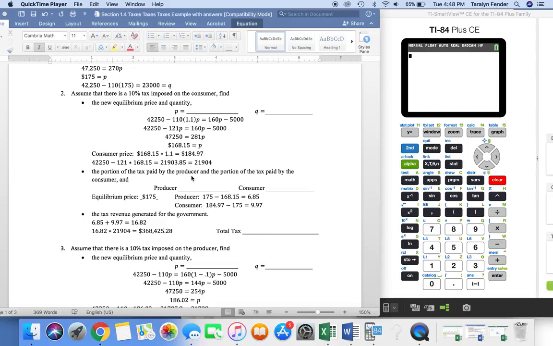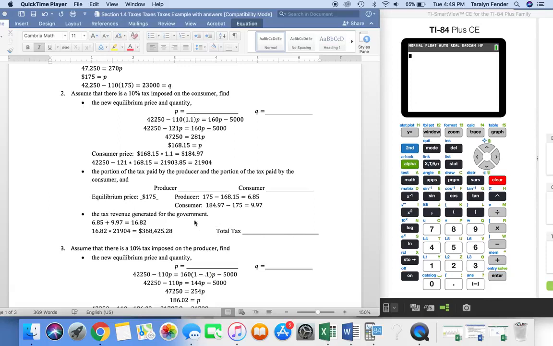that the producer will pay and the tax that the consumer will pay. So $175 is our equilibrium price. The new equilibrium price is $168.15, so the producer pays $6.85 tax. The new price for the consumer is $184.97 minus the original equilibrium price is $9.97.